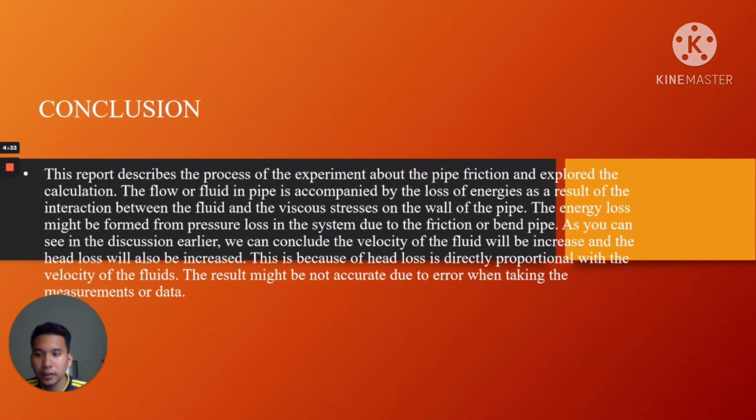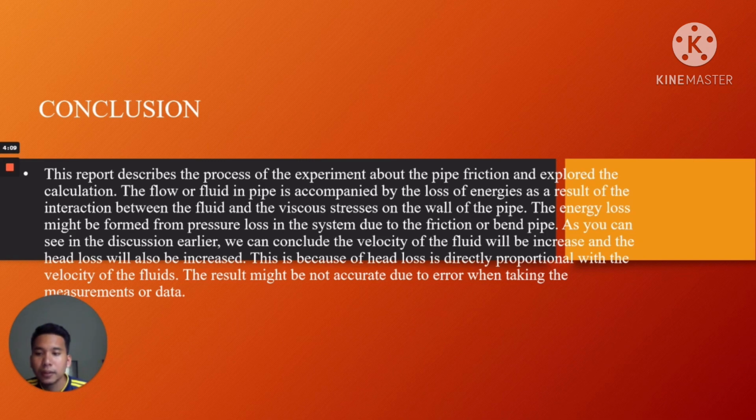For the conclusion, basically this report describes the process of the experiment about the pipe friction and explores the calculation. The flow of fluid in a pipe is accompanied by the loss of energy as a result of the interaction between the fluid and the viscous stresses on the wall of the pipe.